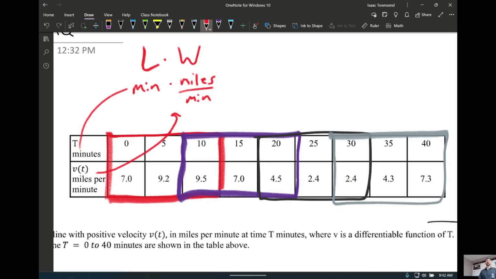Each of these are just rectangles, length times width, and if you know what these units are, and you know what these units are, length times width, do you see how the minutes units cancel and leave you miles?